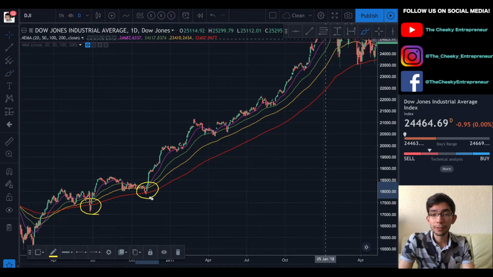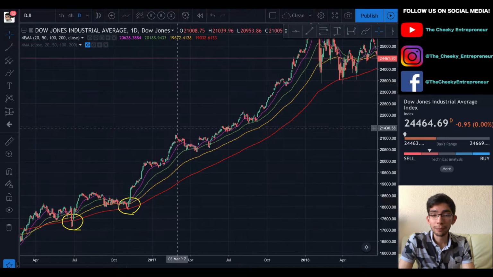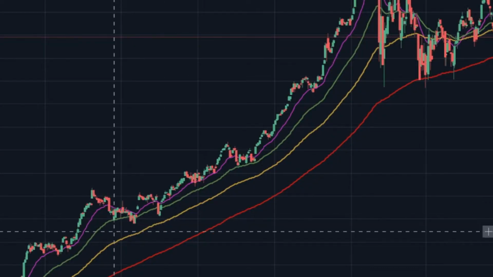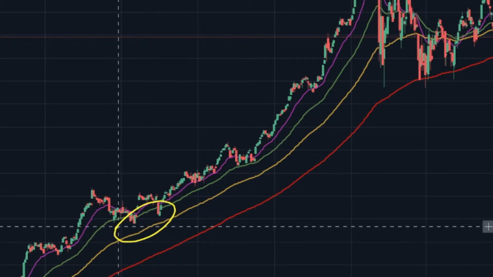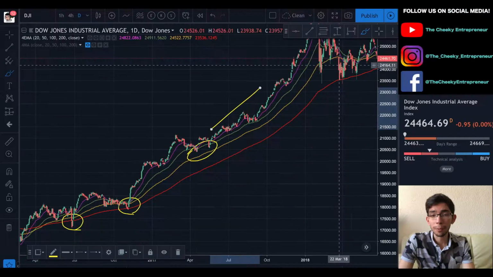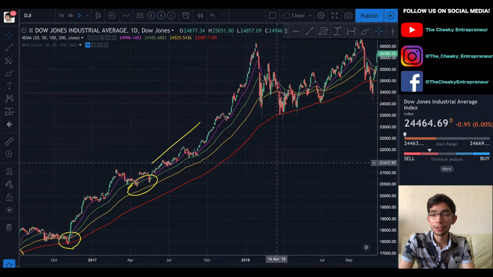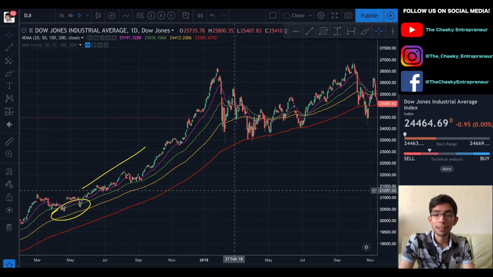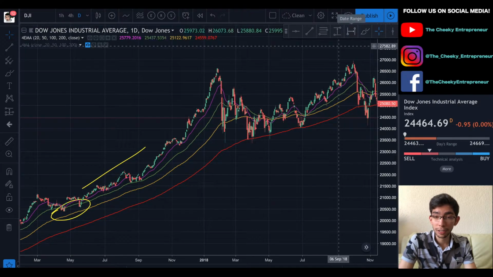And in lower time frames, we also see this happening. For instance, here in the lower 50 EMA, we also see some support, and then after the support, the price continues moving up. And if we continue, we're going to start looking at the price having support in the longer time frames.